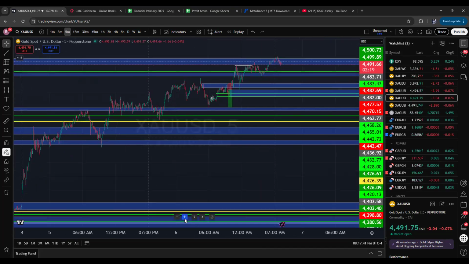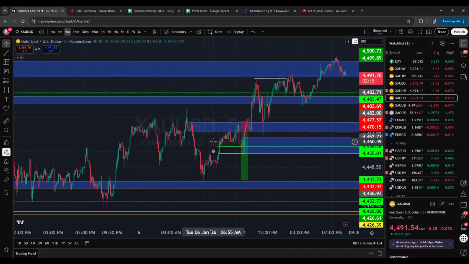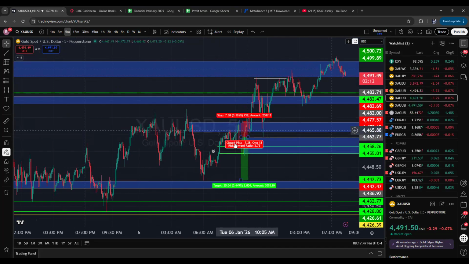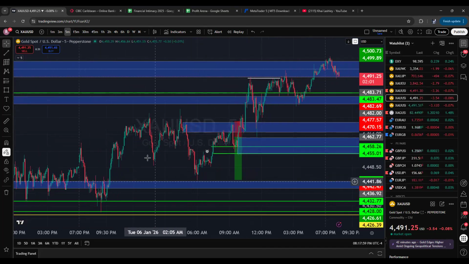Like this morning, granted, we took an L on this setup here, right? I mean, we came back and got a few pips out of it still. So anyway, we keep it simple, right? For example, here we had this scenario.